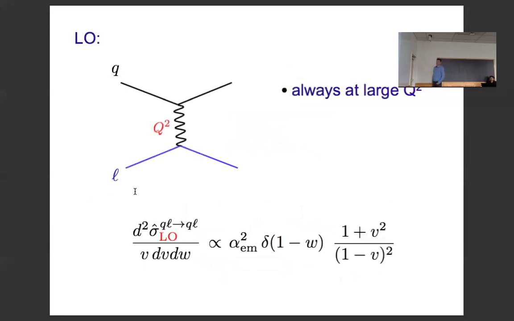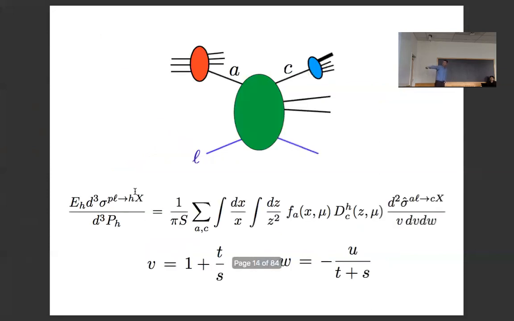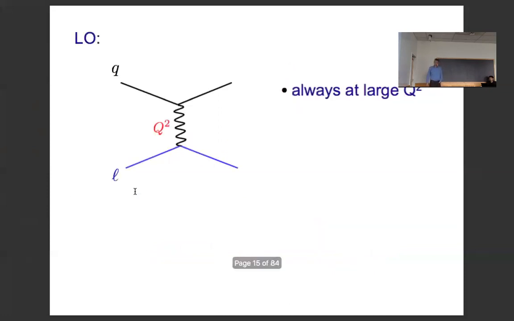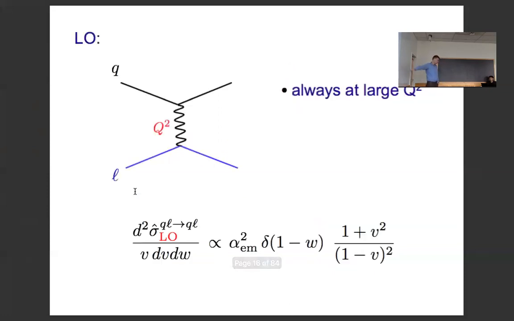And indeed, as I just promised you, the cross-section differential in V and W will be a delta function in W. It's going to be delta(1 minus W) simply because of S plus T plus U equating 0. And then there's a non-trivial dependence on the angle, which is embodied in this factor depending on V. V, as you know, was basically the ratio of Mandelstam T over S. Okay? So that's the cross-section we have, and that's the lowest order.